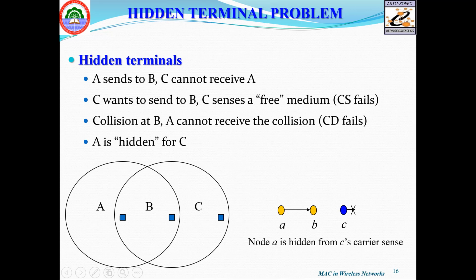The hidden terminal problem. Here, consider nodes A, B, and C. A and B are in one range. At the same time, B and C are in another range.